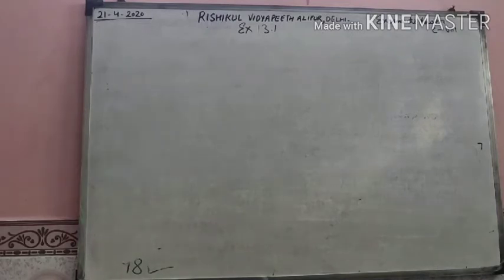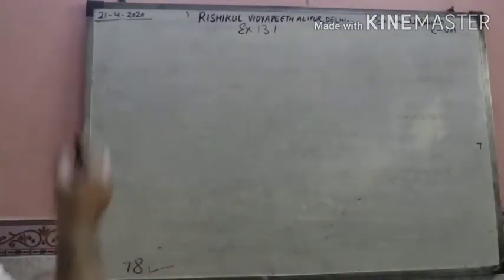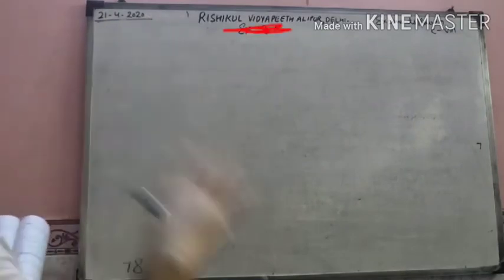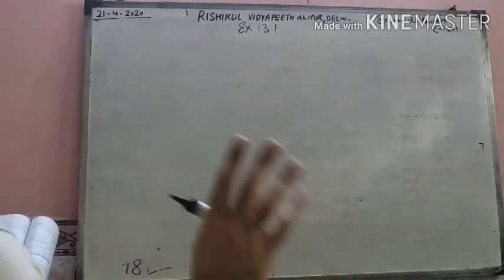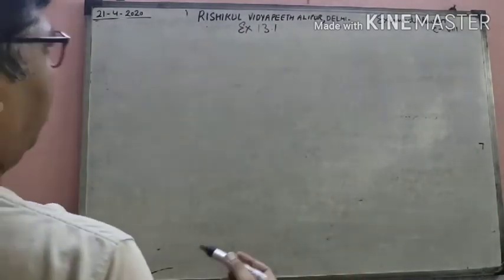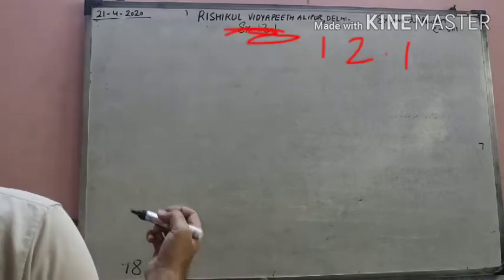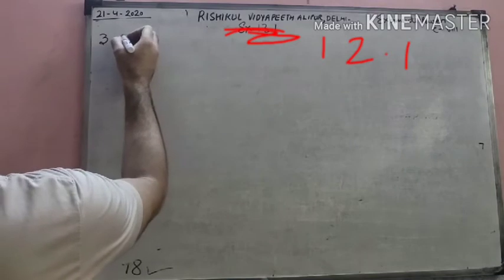We have already studied exponents and power in class 7th also, and in our previous videos we have done the revision class. Now in today's class we are here to explain question number 3 of this exercise.